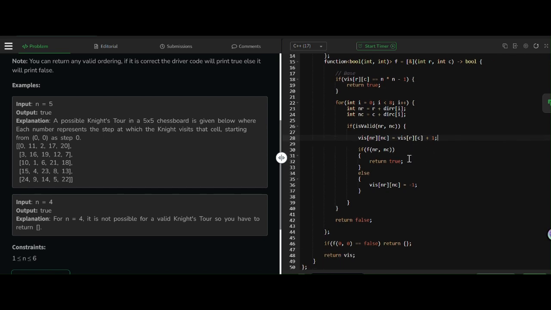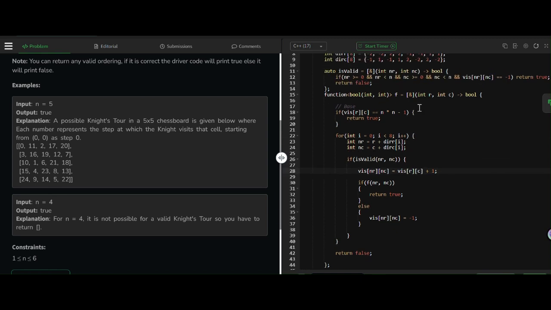Now, after making a certain number of calls or moves, if I get to the last cell and fill the chessboard completely, so if that particular solution has been found, then I just have to return because I have completely found the solution and I have to clear the recursion stack, right? So for that, I'm making a return statement.